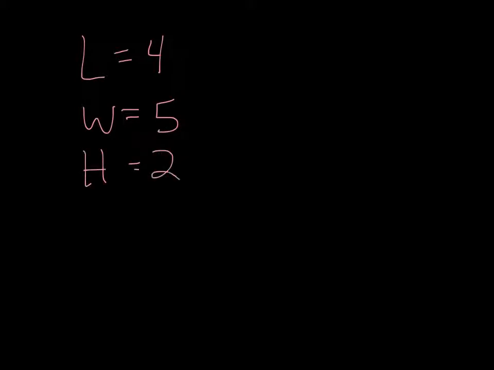Okay, 34. 34 asks for 2 answers. It asks how many cubes with 1-inch sides can be placed in a rectangular solid of length of 4 inches, width of 5 inches, and height of 2 inches.